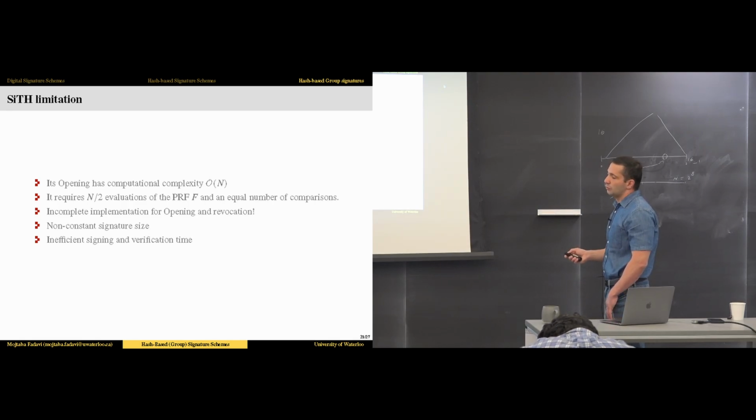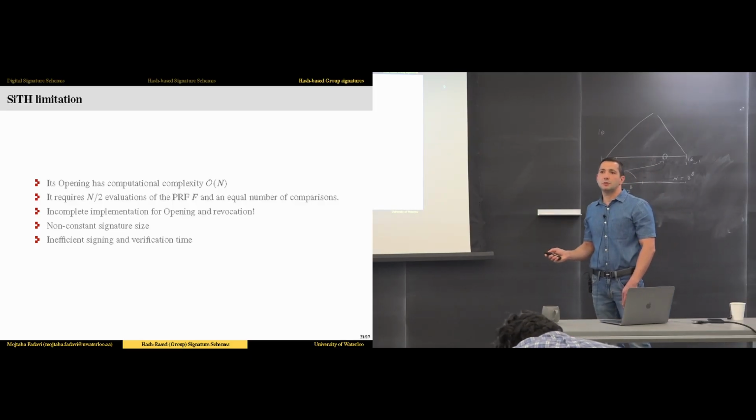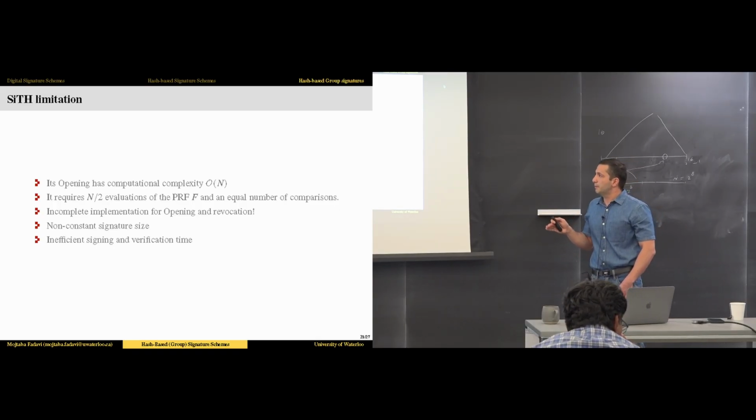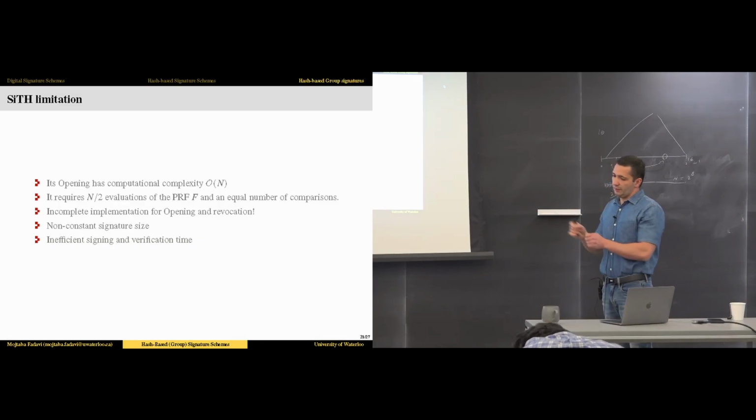So it means that to open a signature for a system that supports 2 to the power 60 users, you have to compute 2 to the power 60 pseudo-random functions, PRFs, and compare them with the value that is inside the signature.